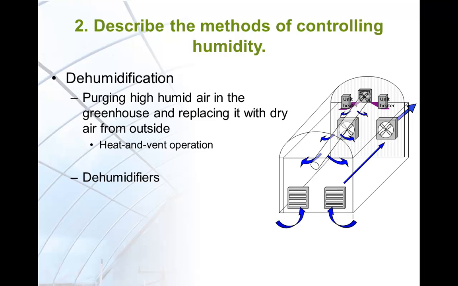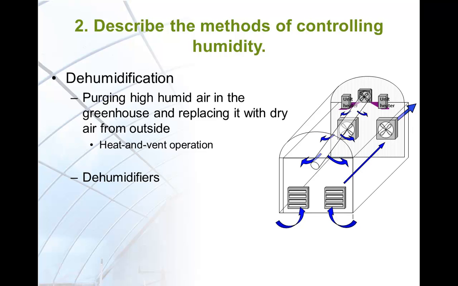To purge high humid air in a greenhouse, this can be done by using a heat and vent operation. This operation can be implemented by setting heating and cooling set points close to each other. This will cause heating and cooling equipment to operate alternately without much delay in between.